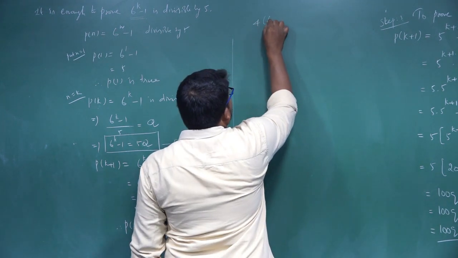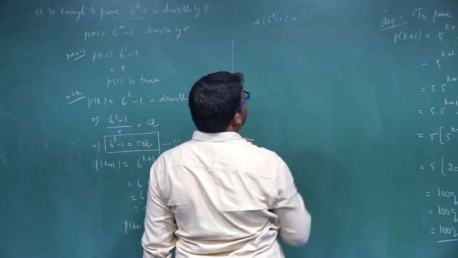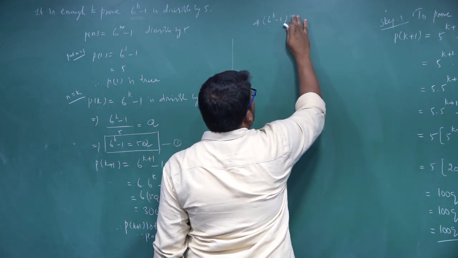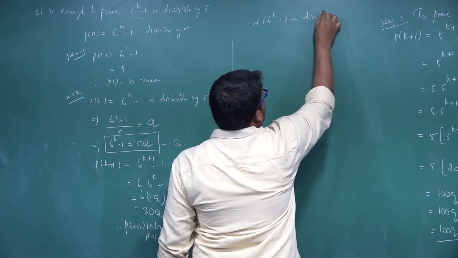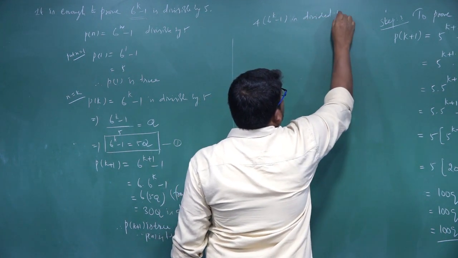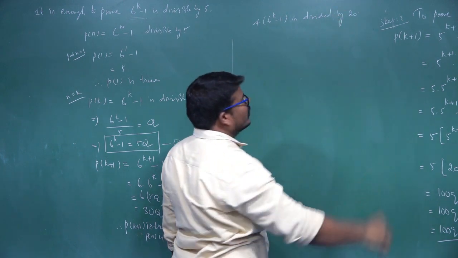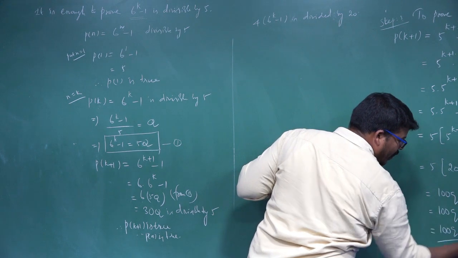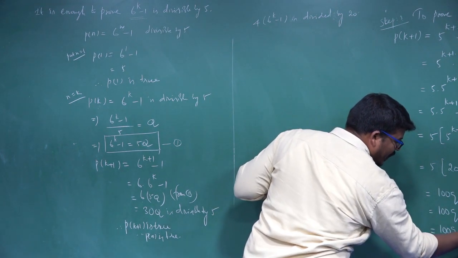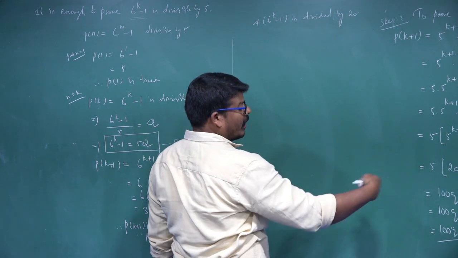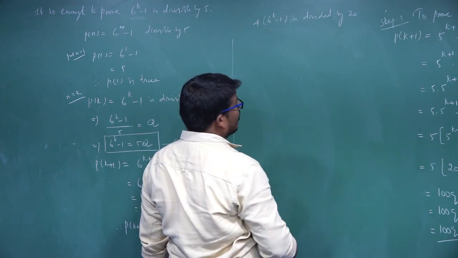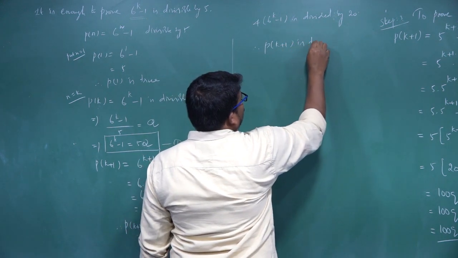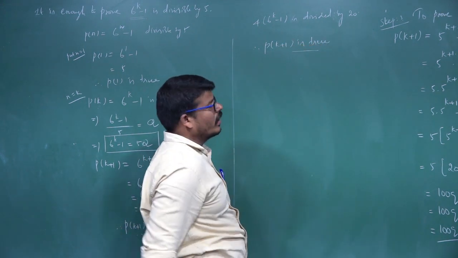So 4 into 6 power k minus 1 is a multiple of 20. So the values A and B are divided by 20 and leave the remainder 9. Therefore, P of k plus 1 is true.